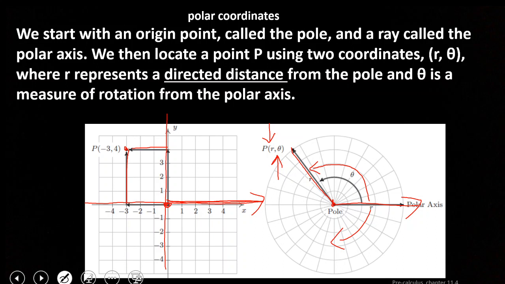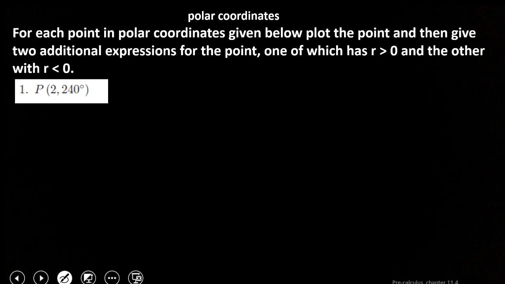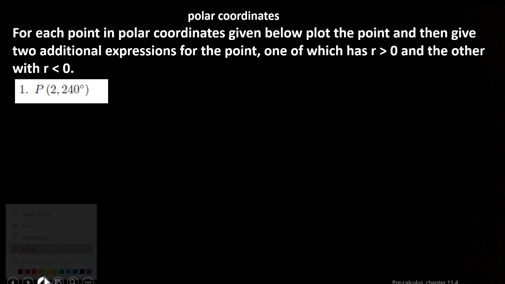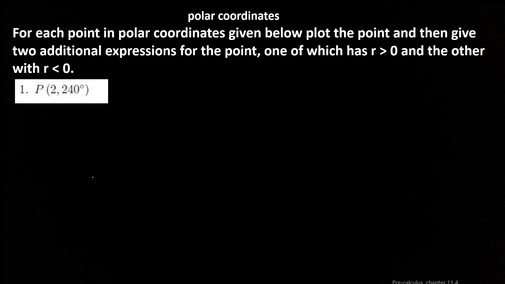Okay, so let's practice with this. So here's a point. Where is this point? I want to graph a horizontal line. So here is the pole, and here is the polar axis, right? That's the pole, and that's the polar axis.